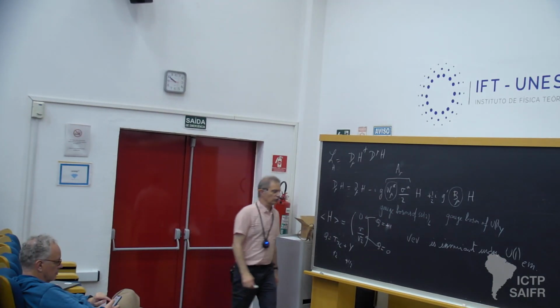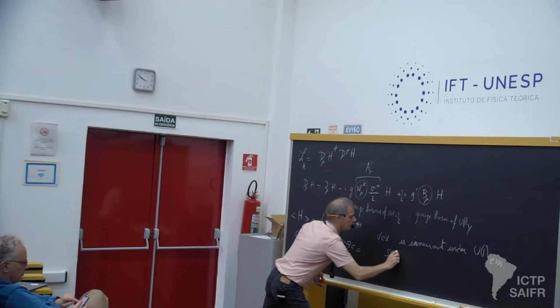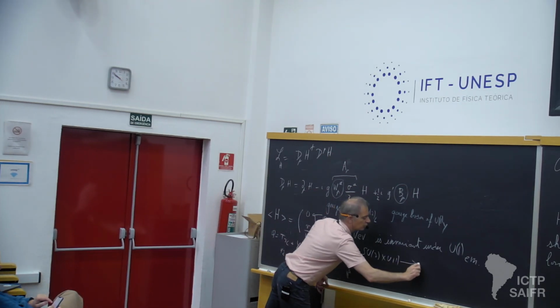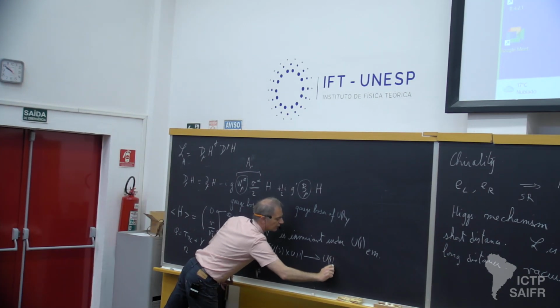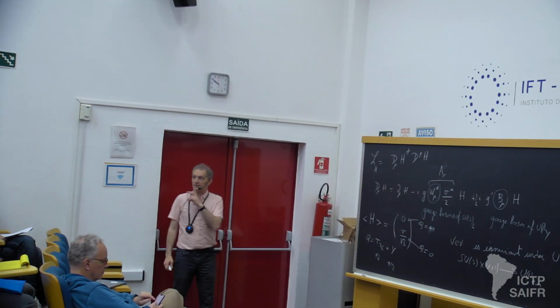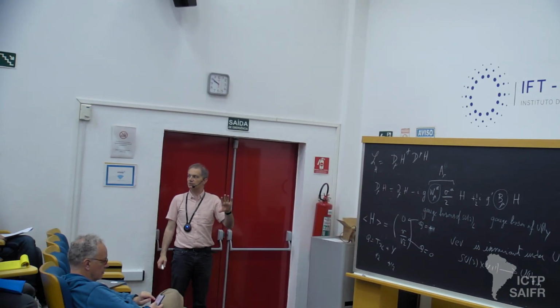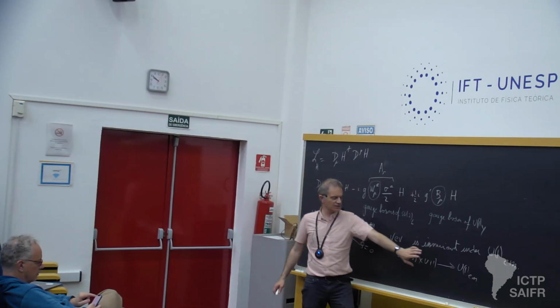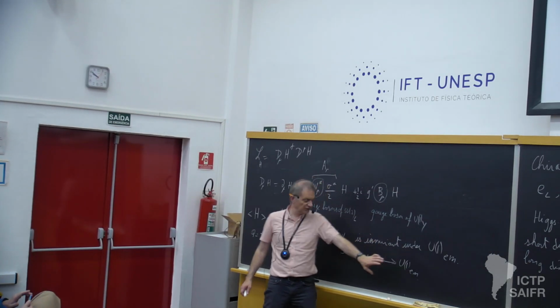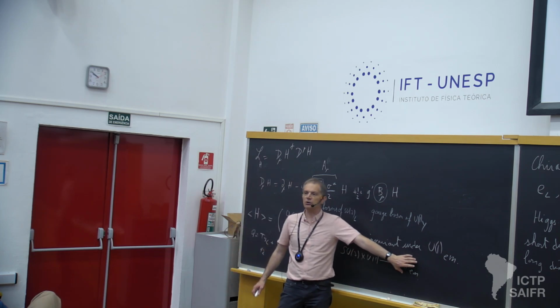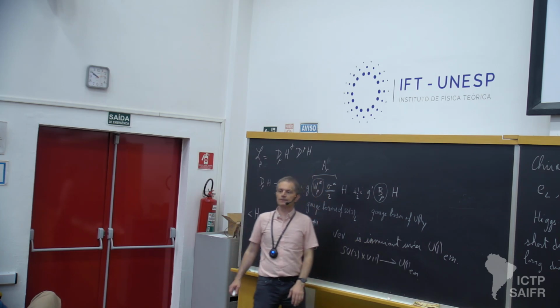So SU2 cross U1, which is the symmetry of the Lagrangian, is broken into U1 of electromagnetism. That's a spontaneous breaking of a symmetry. This is the symmetry of the Lagrangian, this is the symmetry of the vacuum. This is the symmetry of the short distance physics, this is the symmetry of the long distance physics.